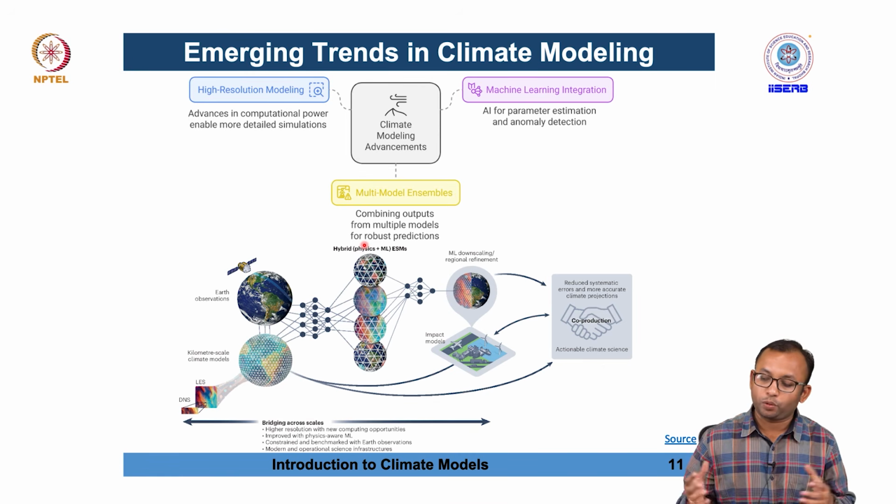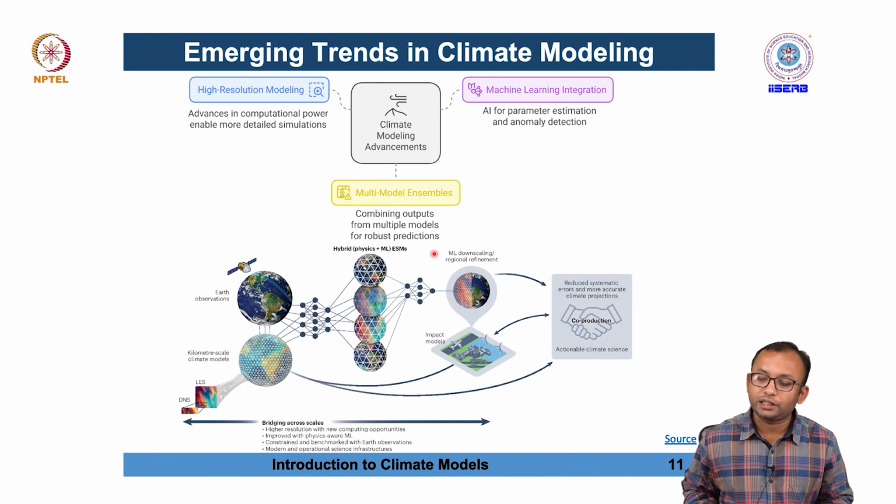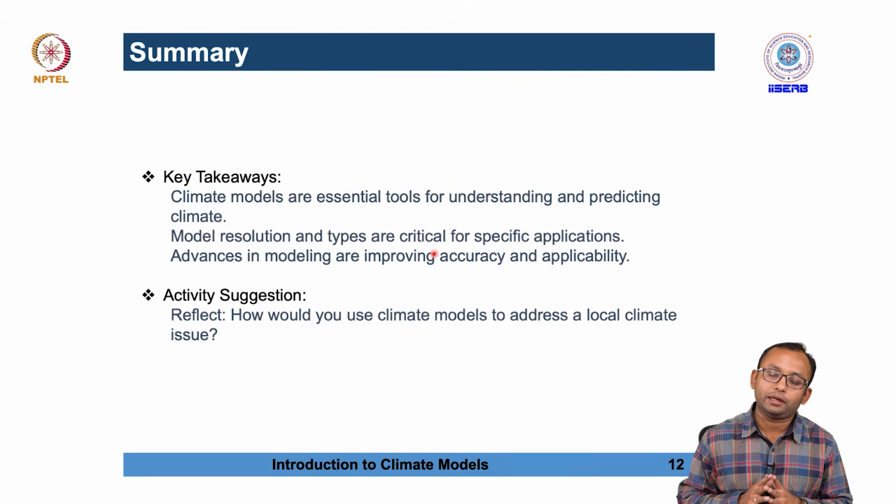Then we can also use machine learning algorithms for downscaling our data set to a much finer scale, which can be used for multiple purposes. So, these are some of the techniques that are evolving, and they will further enhance understanding of climate models in real world scenarios in the future.